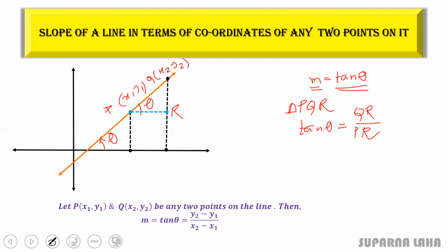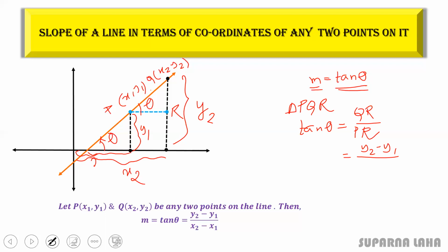Now what is QR? It is y2 minus y1, since this is y2 and this is y1, right? And divided by PR. This is x2 and this portion is x1.